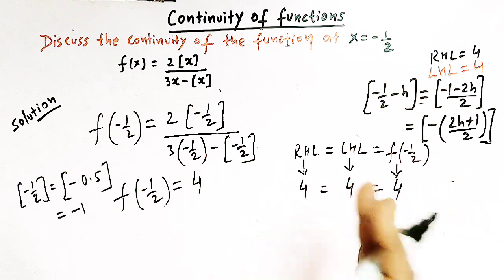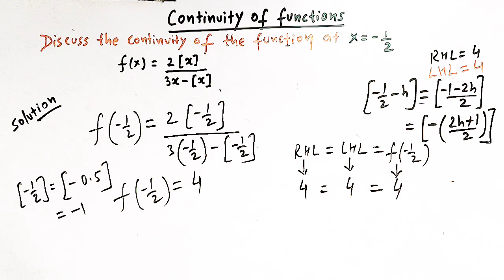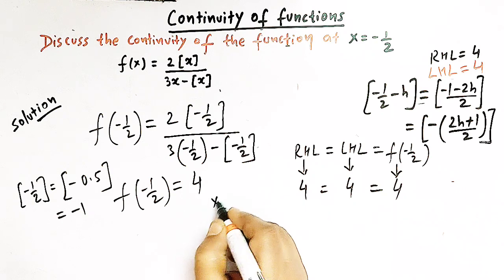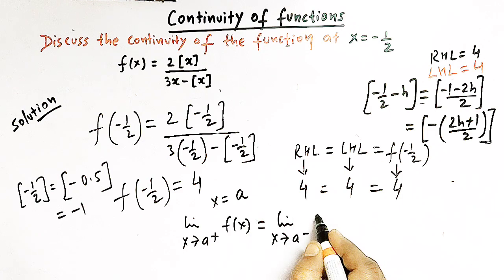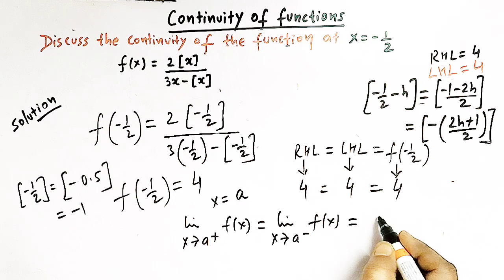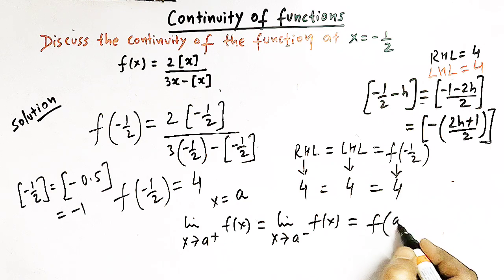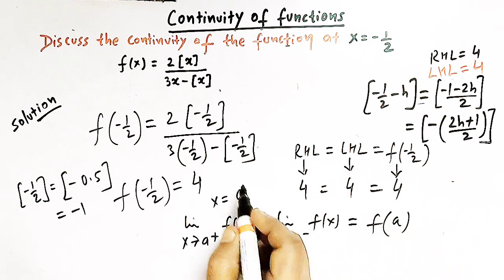And we can claim, due to the definition of continuity of functions, a function is said to be continuous at some point, say x is equal to a, if the right hand limit, that is limit x tends to a positive, f of x, is equal to limit x tends to a negative, f of x, that is equal to the value of the function at x is equal to a.